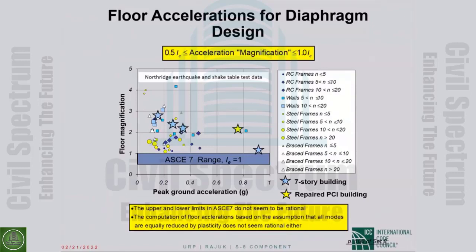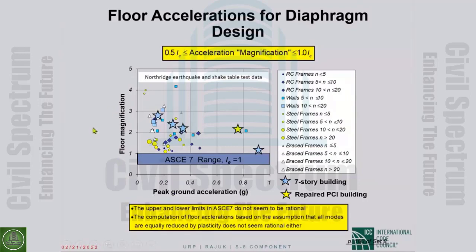So this is a picture where we have shake table test data and data that were gathered from actual buildings after the Northridge earthquake. On the x-axis is peak ground acceleration.